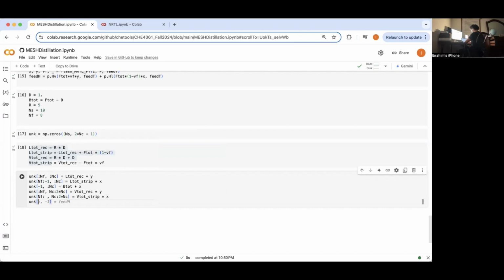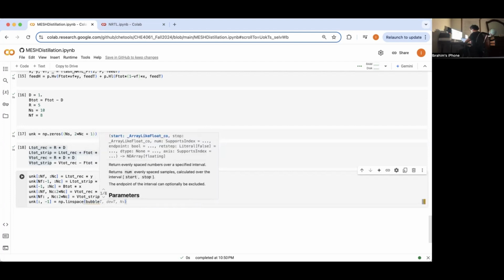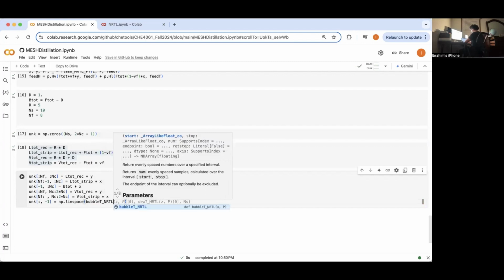So a bracket here, semicolon, comma, -1. Let me close this, and then we'll equal this to MP dot linspace for our bubble temperature for NRTL.